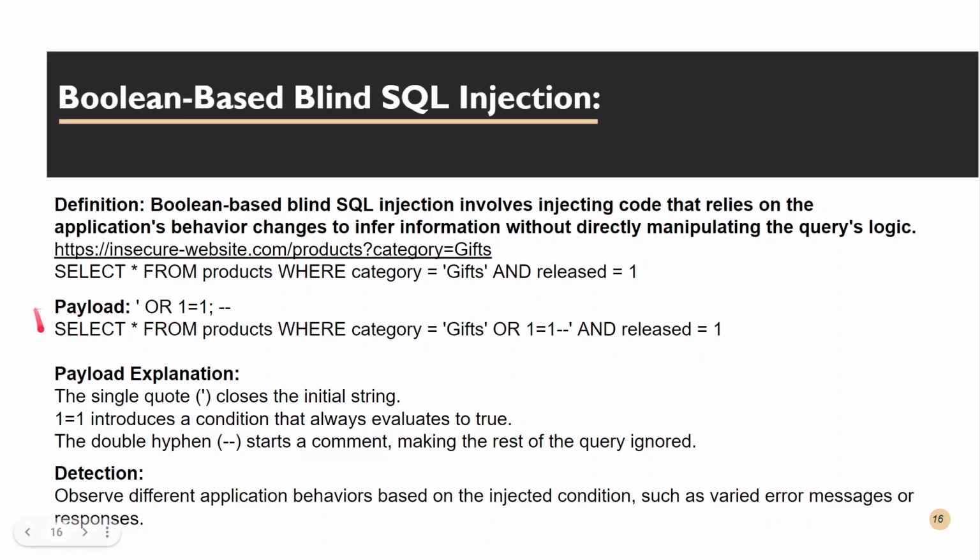Now this is how our payload is going to look like. Select everything from product where category equals to gift or 1 equals to 1. Then we comment out the release item. So in this case, we're able to view all the data, including the release and unreleased item within the database. And this is the payload explanation.